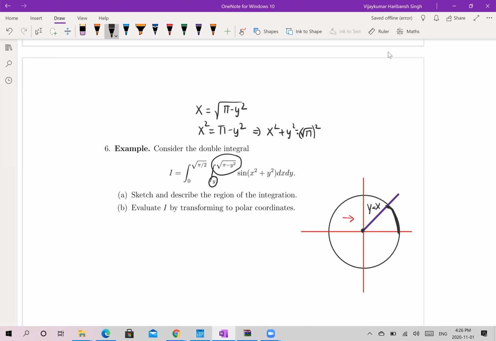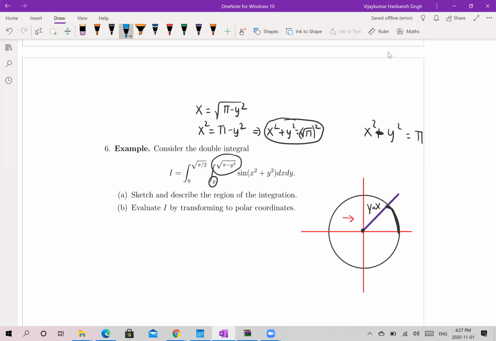So let's see, what are those intersections? If x equals y in this equation, x squared plus y squared equals pi.